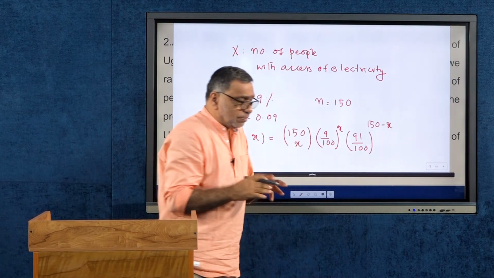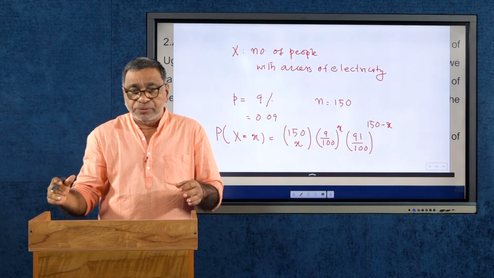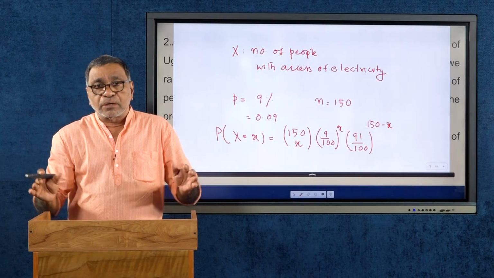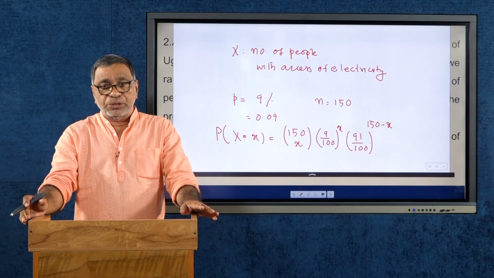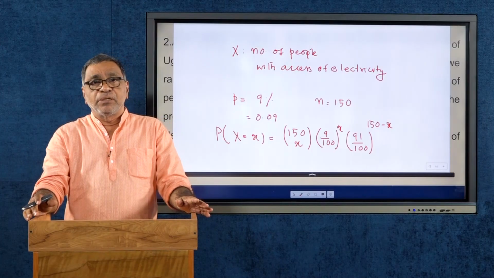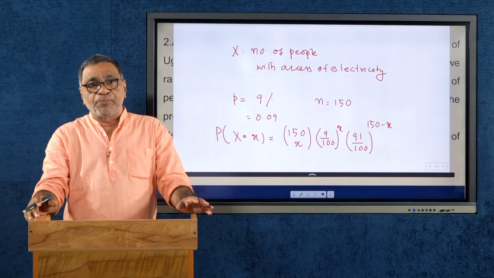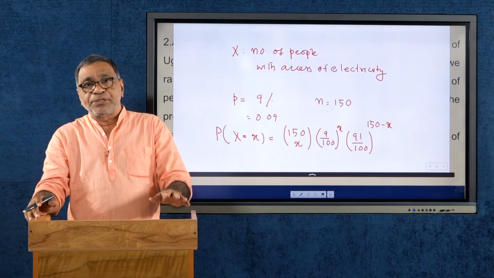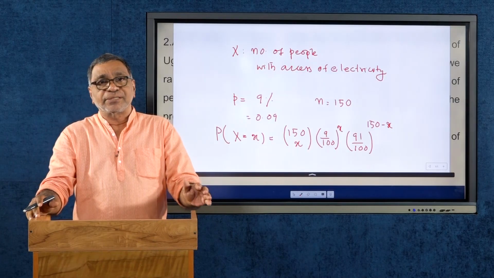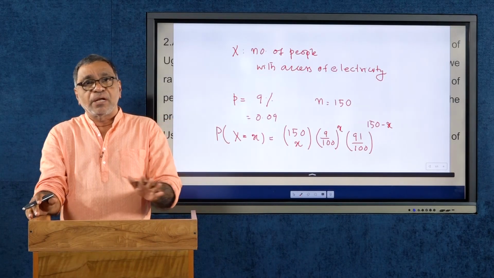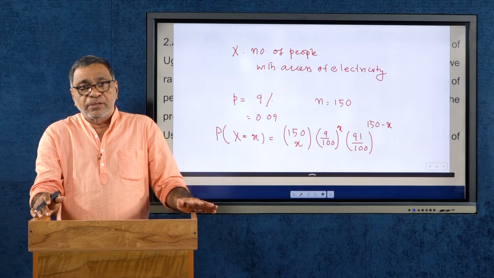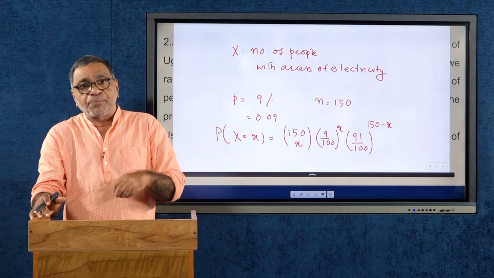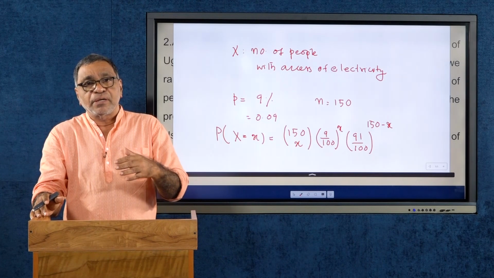So, these are situations where we apply the binomial distribution. This is a problem with respect to a population, and that population either has access to electricity or does not.